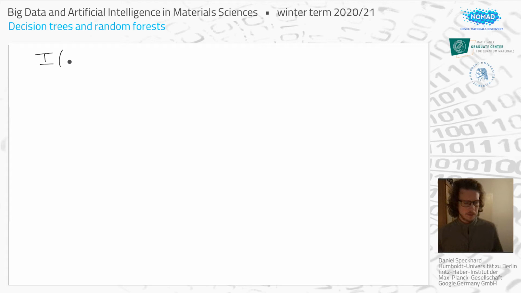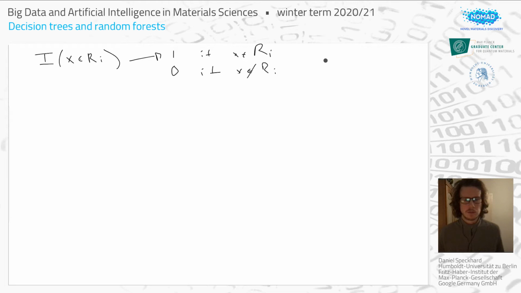So these will be like x, for instance, belonging to some region I. This indicator function, which has as argument that x belongs to some region I, will be 1 if x belongs to this region I, and 0 if x does not belong to some region I. That should be pretty familiar to you.